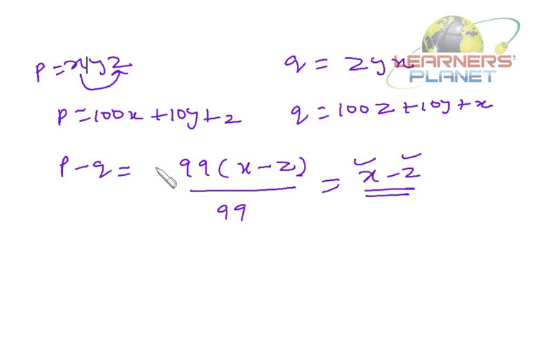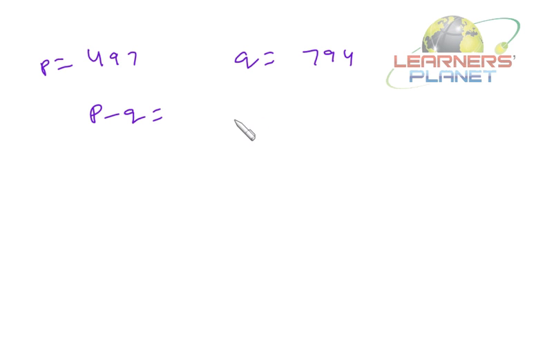Okay, so let's take one example for this. Suppose I have a 3-digit number, let me take 497. Call it p, and q obtained by reversing the digits of p is 794. Now what will p minus q be?